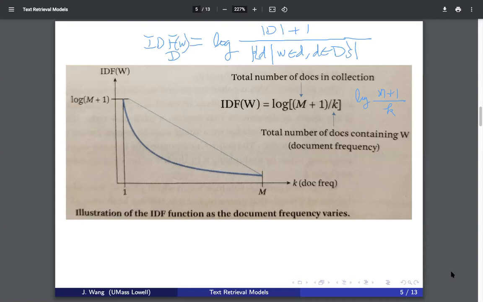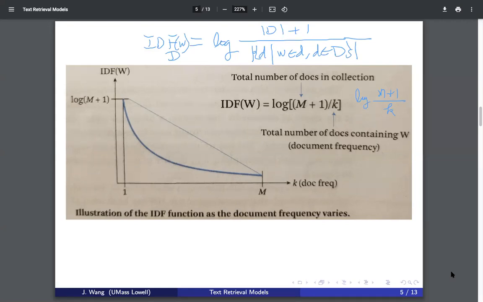As you can see here, if only one document contains this word, the IDF is big. If a lot of documents contain this word, the weight decreases.